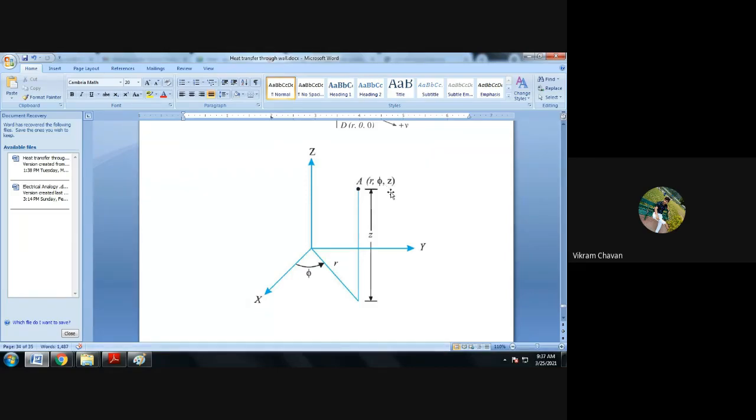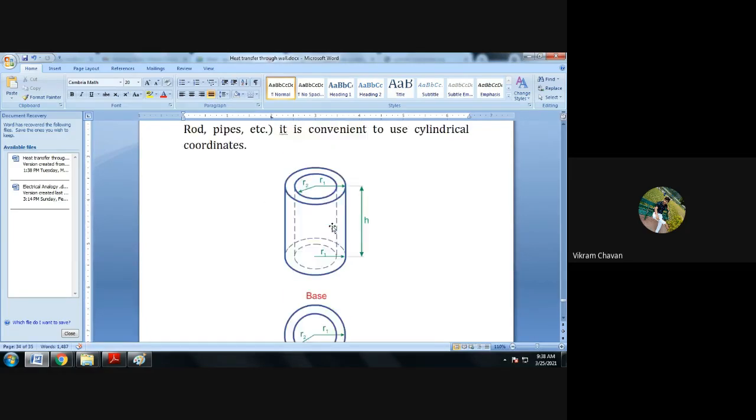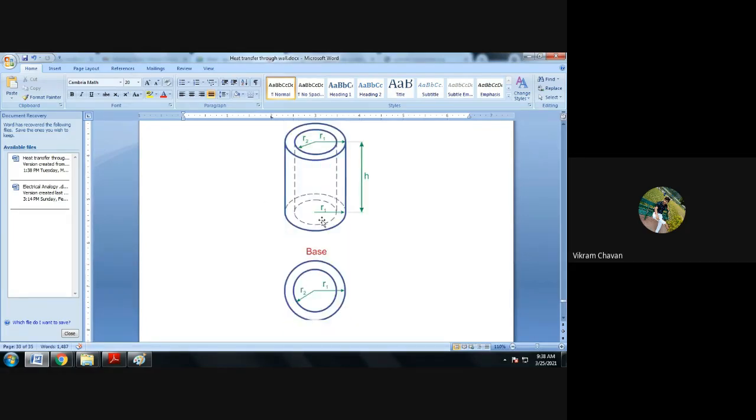Is everyone getting what is meant by cylindrical coordinate system and which coordinates are used for locating any point in it? Is there any question, any doubt? So please draw this diagram. You can draw a simple cylinder by showing the front view and top view, and draw the axis. Draw the diagram showing the coordinates of the cylindrical coordinate system.